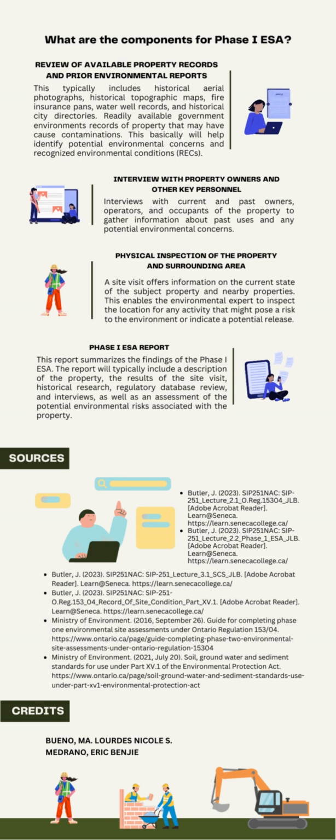The first step is a thorough examination of properties' historical records, which include historical air photographs, fire insurance plans, historical topographic maps, water well records, ecology areas, historical city directories, and easily accessible government environmental records of the site, such as spills, fuel tank registrations, fire, vandalism, or other incidents that may have resulted in contamination. To put it another way, any and all records we could uncover could provide qualified professionals with information regarding the previous uses of the project property.